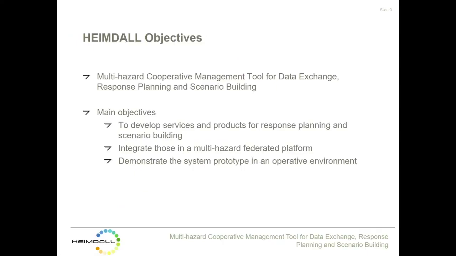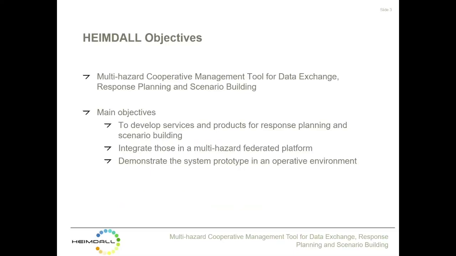As a general objective, HEIMDALL stands for a multi-hazard cooperative management tool for data exchange, response planning, and scenario building. HEIMDALL wants to develop a series of tools for response planning and scenario building for forest fires, floods, flash floods and landslides.